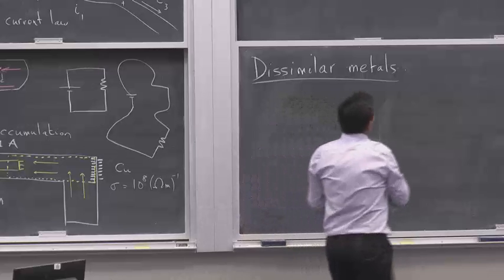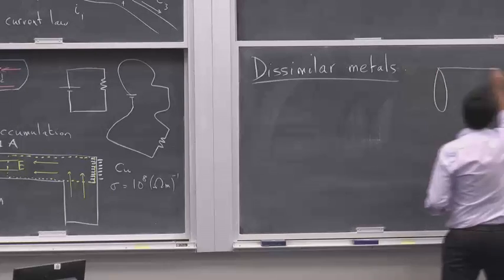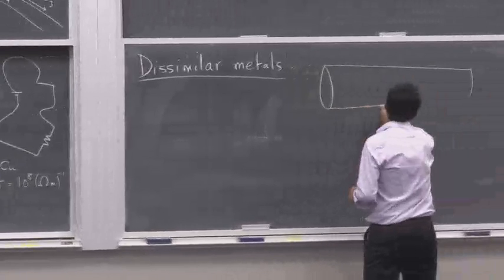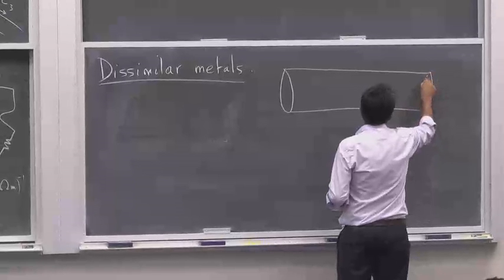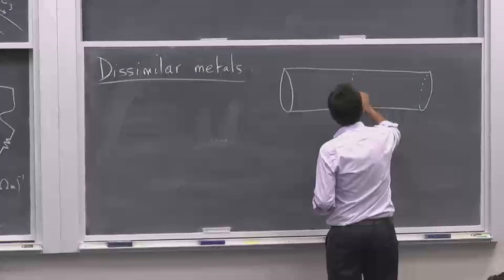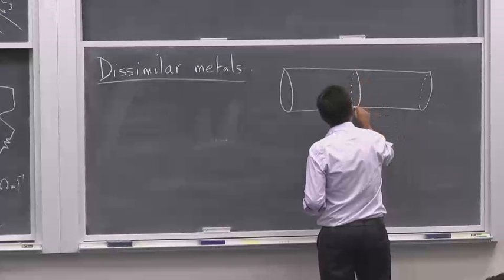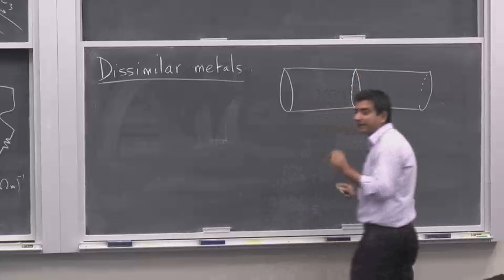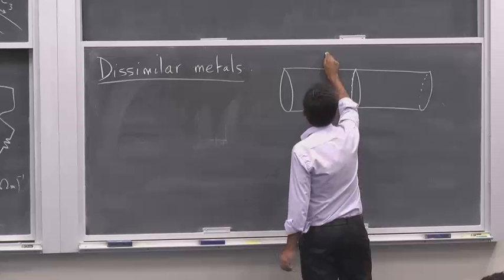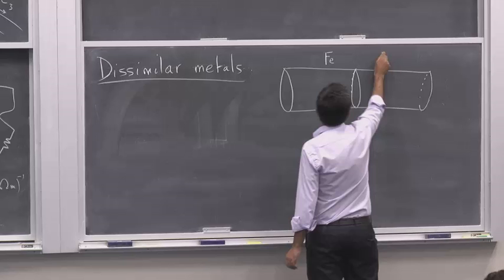Now suppose I have two metals that are soldered together, same cross-sectional area. But now one metal is, say, iron, the other metal is copper.